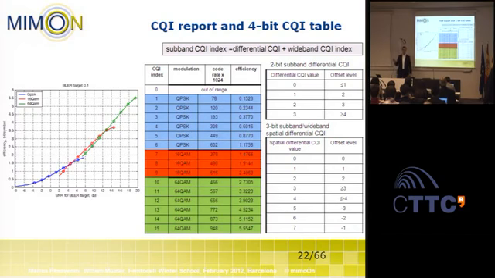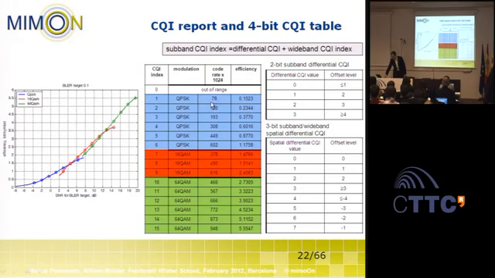So the target in LTE is basically to have retransmissions in 10% of the times. So we should not always have perfect transmission. It's more effective if every once in a while you have a retransmission. So the user equipment is performing SNR measurements, and based on these measurements, the modulation scheme is selected, either QPSK, or if the channel conditions are better, then 16 QAM or even 64 QAM is used.